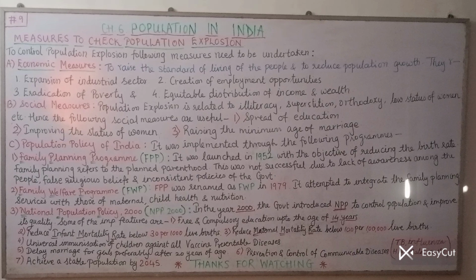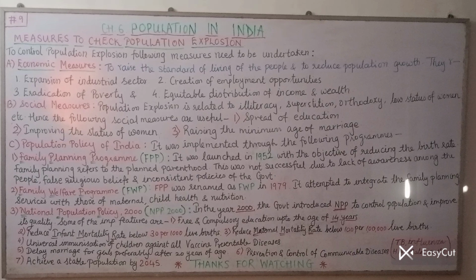Then sixth objective, prevention and control of communicable diseases. Now here you may think, what are communicable diseases? So I explain it first. Communicable diseases means the diseases which are transferred from person to person as well as get transferred from animal to person also.